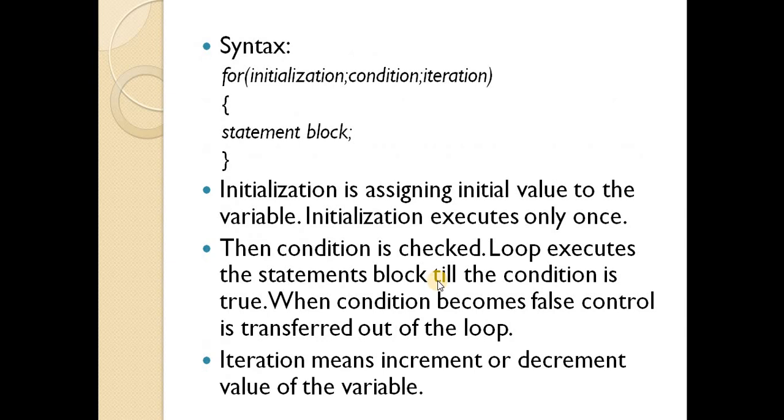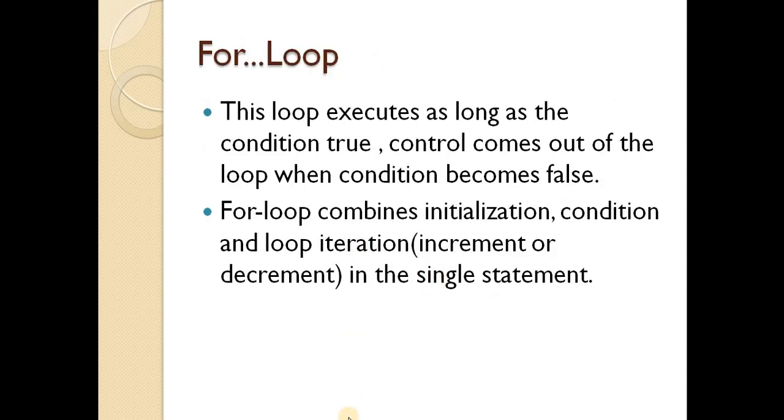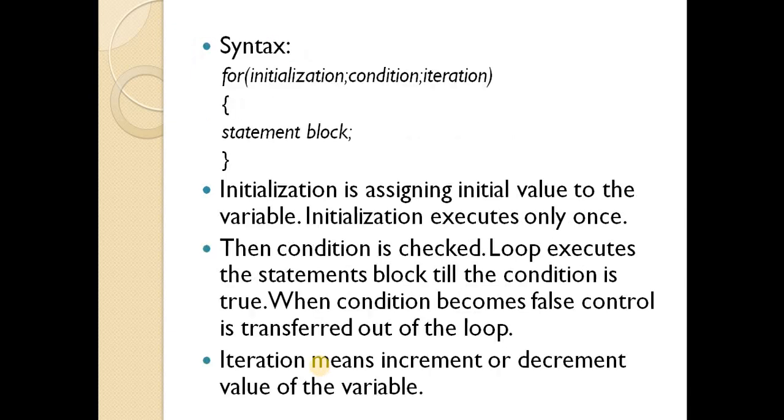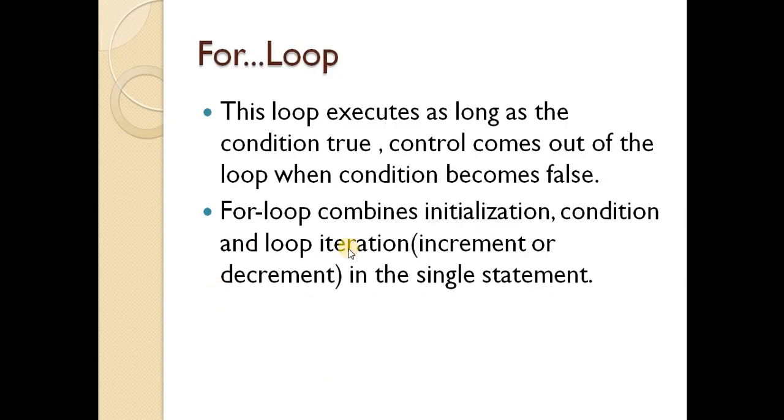At one single statement, you can see all three of the mandatory requirements are present in for loop. Okay, this is not the case in while. So what do we basically mean by loop iteration also? Loop iteration is going to define the increment or decrement. It will tell you how the next iteration is going to proceed.